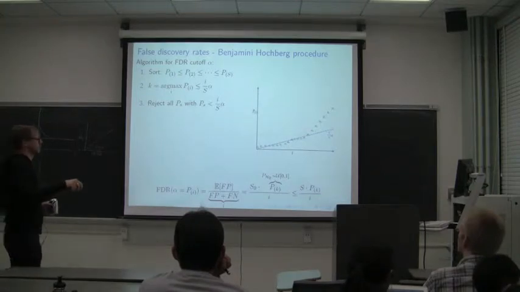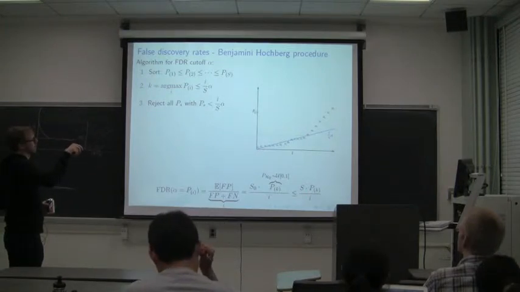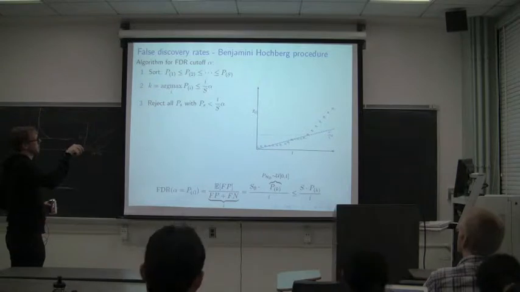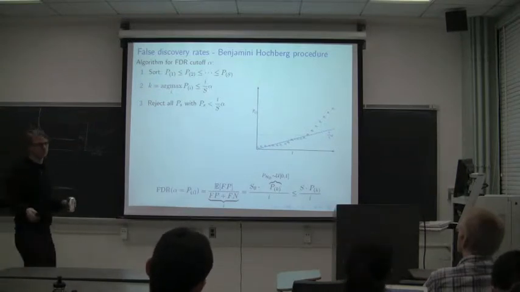So we multiply by I, so we have I times alpha, we divide by S. So P has to be smaller than I over S times alpha.